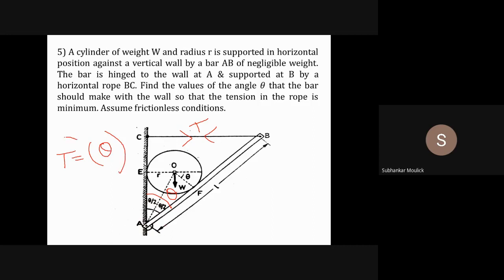Then, if you differentiate this expression of T, which is in terms of theta, and equate it to 0, that means dT by d theta equal to 0, we will get a particular value of theta. At that value of theta, tension T will be minimum. Is it clear?